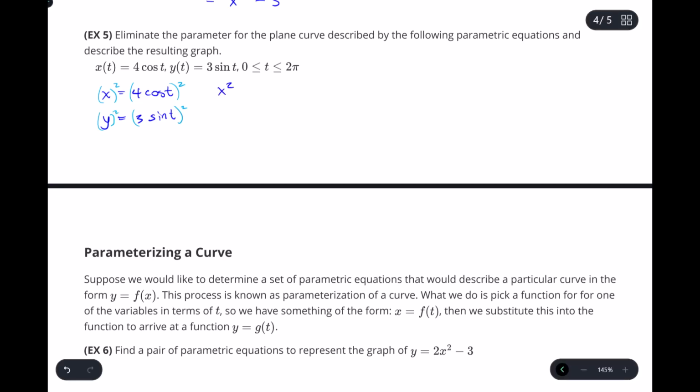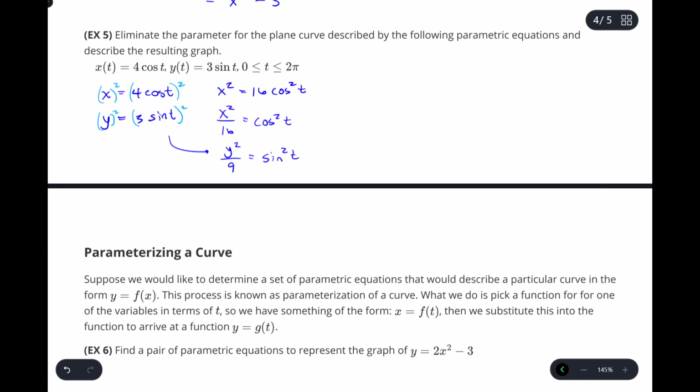And then we have x squared equals 16 cosine squared t. Which would give me x squared divided by 16 is cosine squared t. And likewise, I would have y squared divided by 9 equals sine squared t.